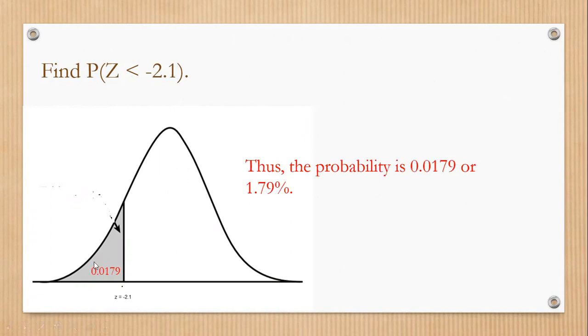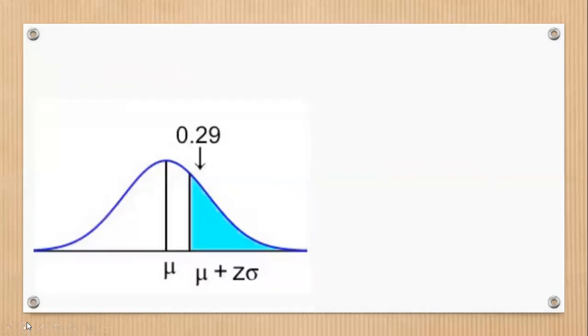Since from the table, this area corresponds to 0.0179, in order for us to find its probability, you can use this already or convert this to percentage by just moving the decimal point 2 places to the right. So thus the probability of z less than negative 2.1 is equal to 0.0179 or 1.79%. Very simple.